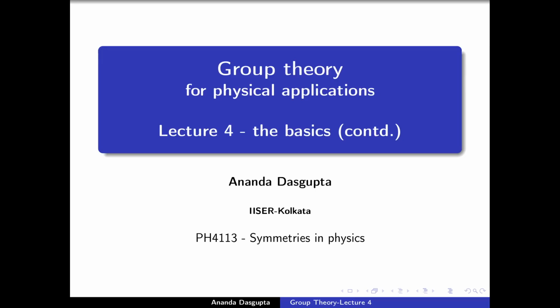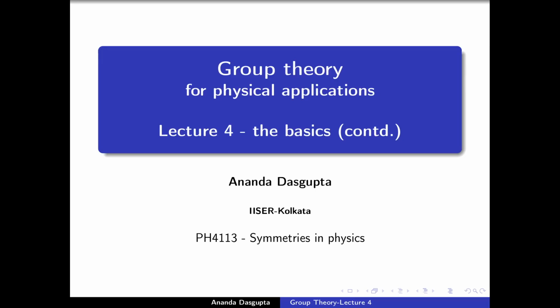Now, intimately connected with the notion of a subgroup is a notion of congruency modulo a subgroup, which leads naturally to some other sets which reveal the structure of a group very nicely. These sets are called cosets. Now, this congruency modulo a subgroup is an equivalence relation.